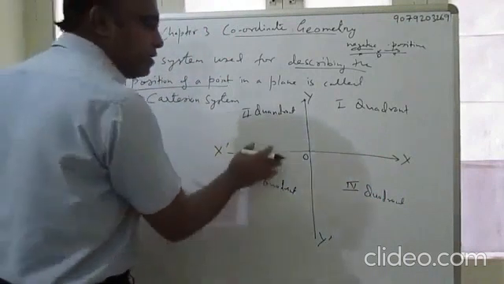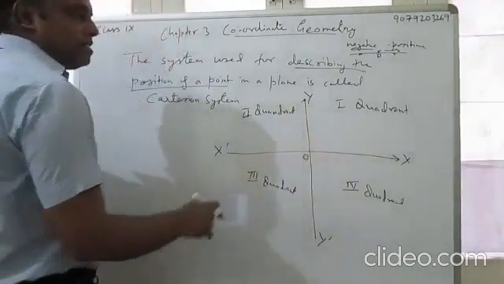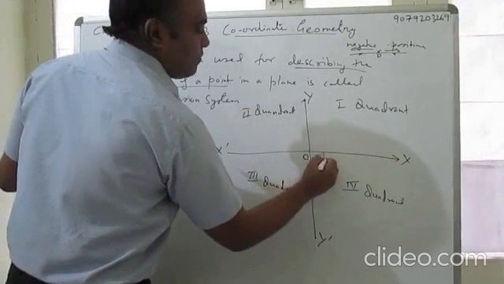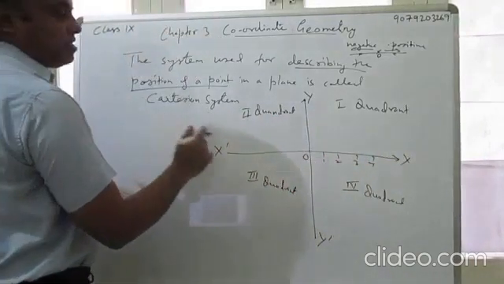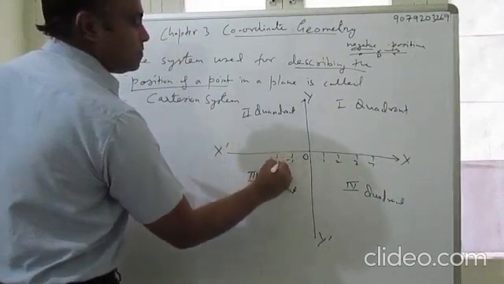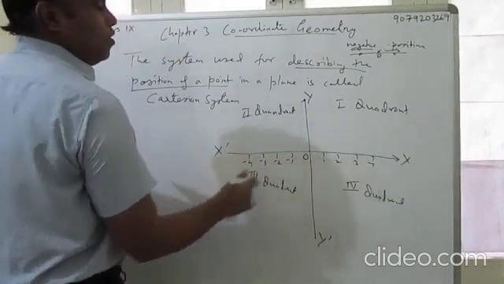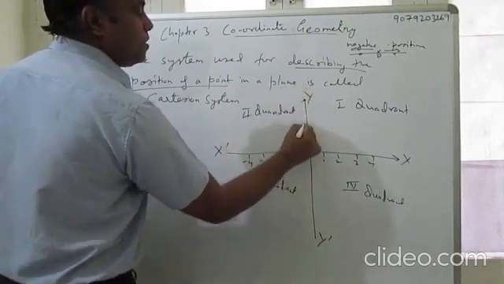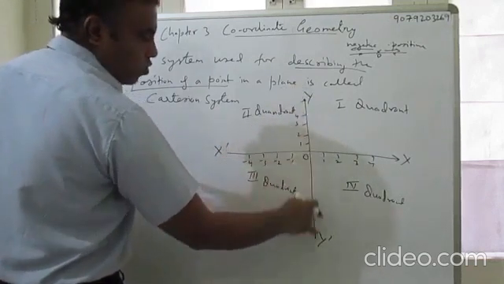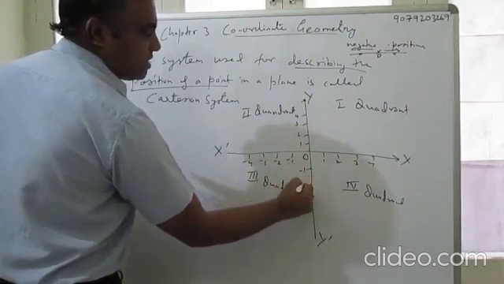Now we know that from O towards X, the right hand side, the points are positive 1, 2, 3, 4. And from O to X dash is negative. O to OY direction is positive. O to OY dash direction is negative.